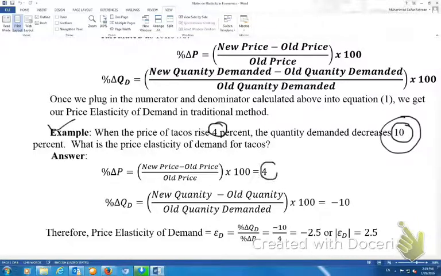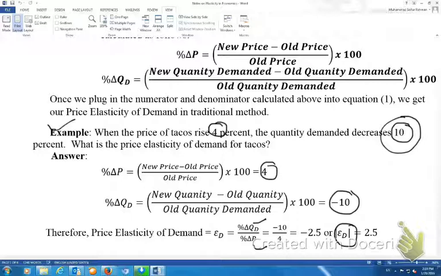Percent change in price is 4, percentage change in quantity demanded is -10. When we substitute those values in the numerator and the denominator of our equation, we find the price elasticity of demand is -2.5, or the absolute value of the price elasticity of demand, which is indicated by putting two bars on elasticity of demand, is 2.5.